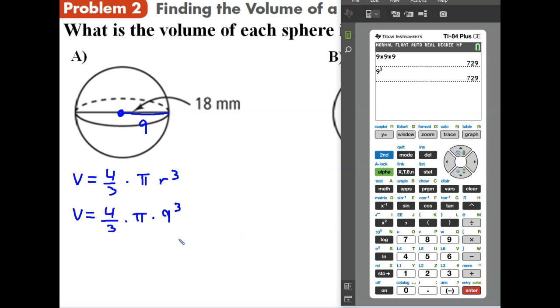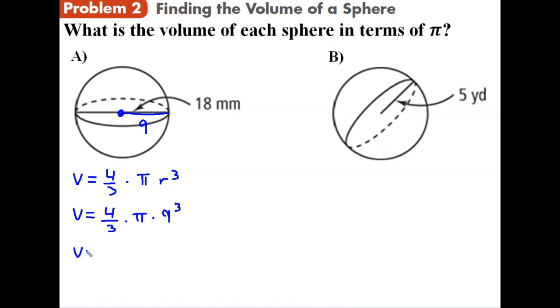So if I want to plug this in all in one step and leave it in terms of pi, what I can do is just 4 divided by 3. Then we'll go times 9 to the third. And that gives me a 972. So we'll say our volume's equal to 972, again in terms of pi, and we're talking millimeters to the third since we're talking volume.